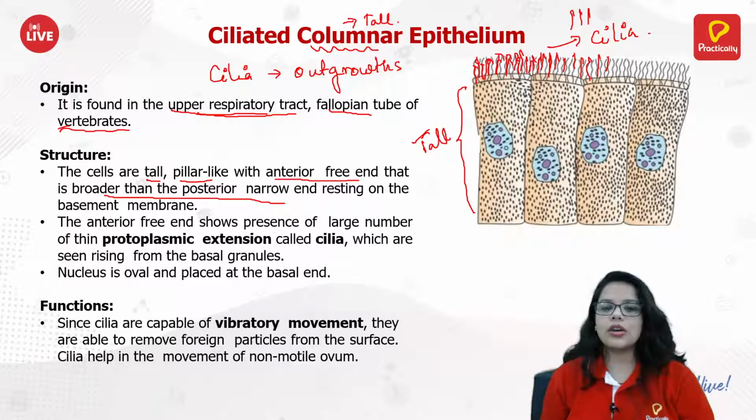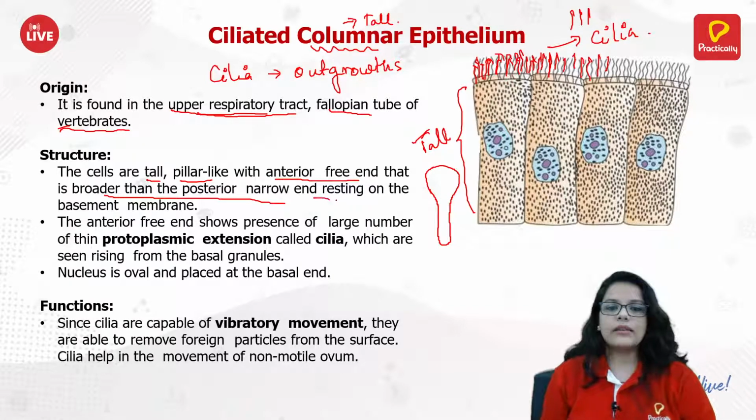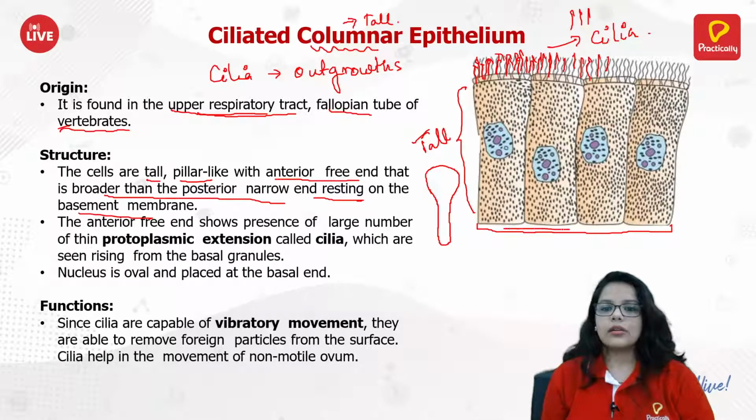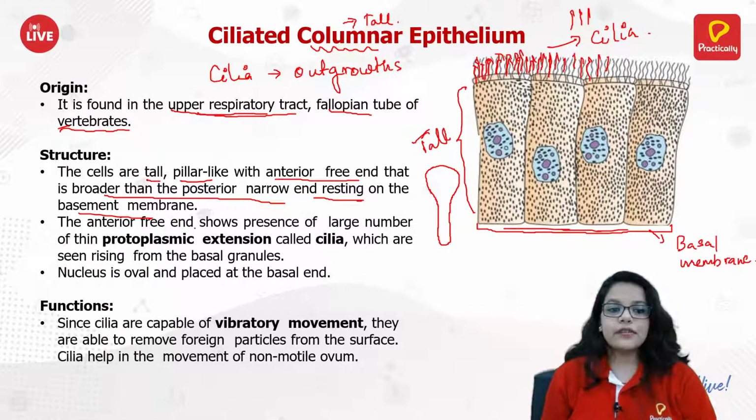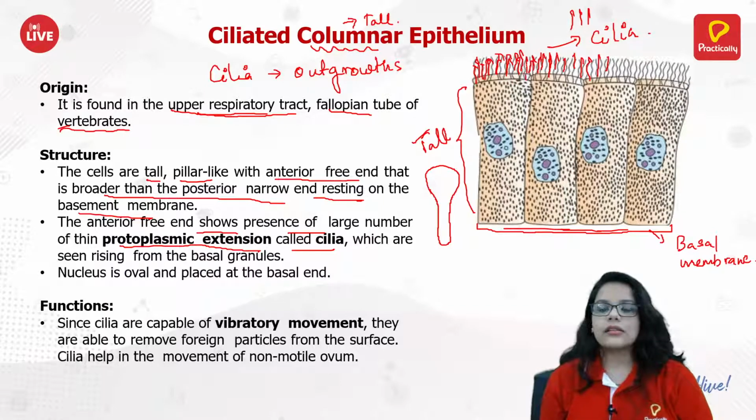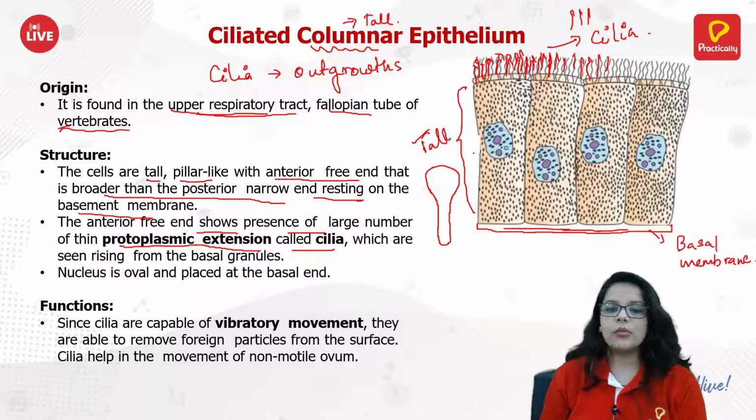Here the upper portion might be a bit broader than the lower portion, resting on the basement membrane, or basal membrane. The anterior free end shows the presence of a large number of protoplasmic extensions called cilia. See, these are the cilia that are present above.